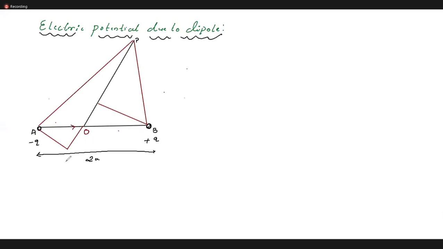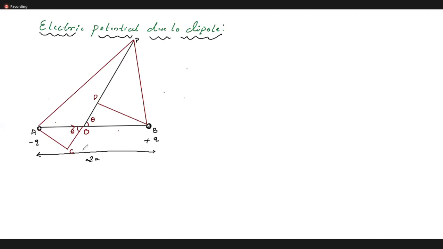Here, if you see, this is the electric dipole. At a point P we are going to measure the electric potential due to the plus q charge as well as the minus q charge. Let me write here theta and here also theta. So here is theta, then this will be the opposite angle, DB is the opposite, and AC is the opposite.